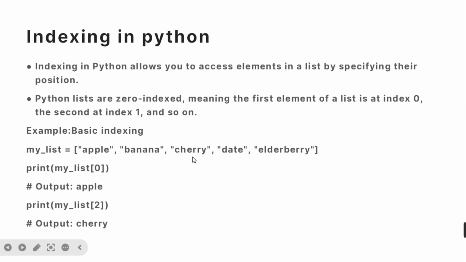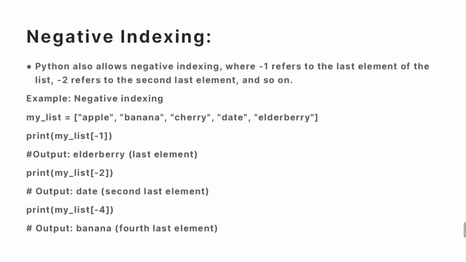In indexing, we can also use negative indexing, which means Python allows negative indexes. It starts from -1, then -2, -3 and so on. For example, in this example my_list consists of apple, banana, cherry, date and elderberry.